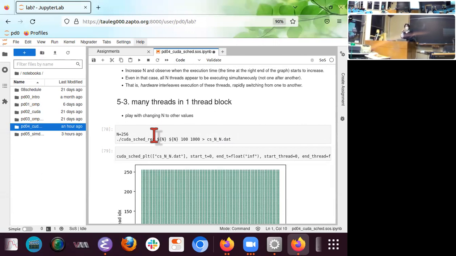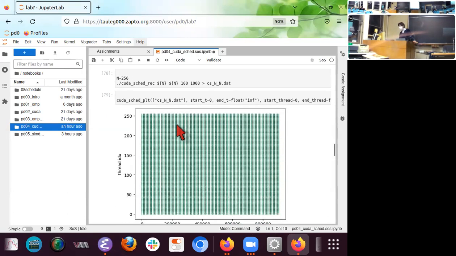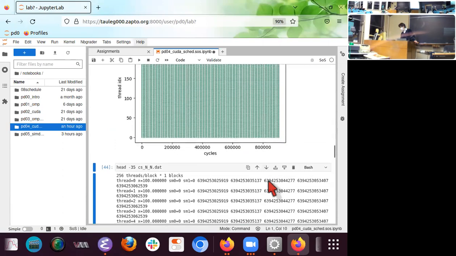Going beyond 256, the execution time starts increasing. This is a sign that the GPU is pretty much saturated. So let's calculate how many flops all these threads perform together in this amount of time.